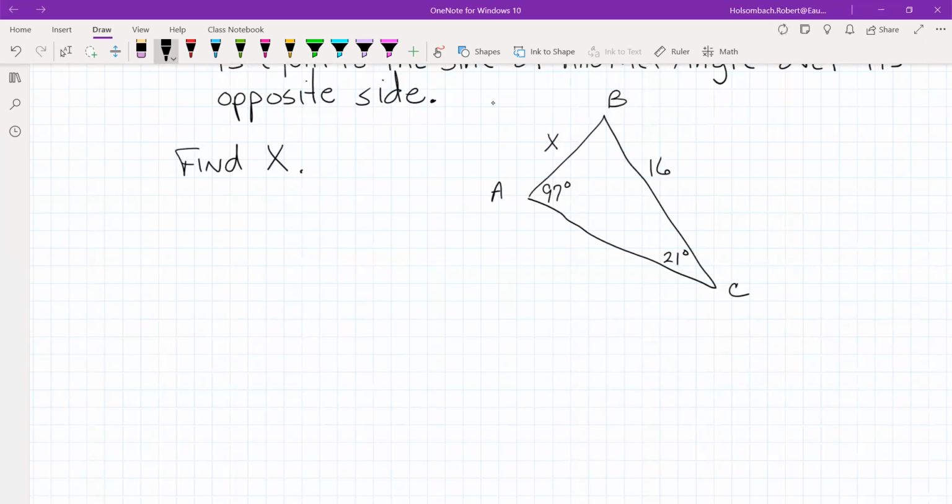So here's the rule. The sine of an angle over its opposite side is going to be equal to the sine of an angle over its opposite side. So we write a proportion. And our proportion is going to be sine 97 over 16 is equal to sine 21 over x.